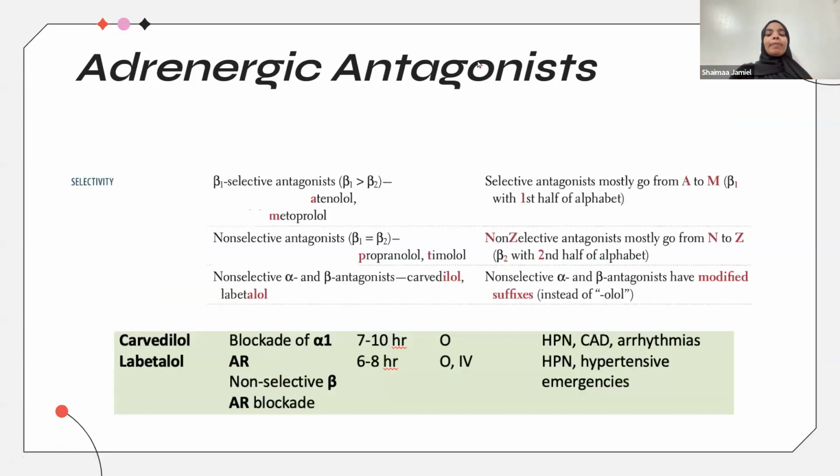So basically, this is an easy way to remember what is selective and what is not. Always know that selectivity is to beta-1, okay? And non-selectivity is when beta-2 is added, so a second thing is added. To know if this beta blocker is selective to beta-1, it starts with letters from the first half of the alphabet, A to M. So atenolol and metoprolol are selective to beta-1.